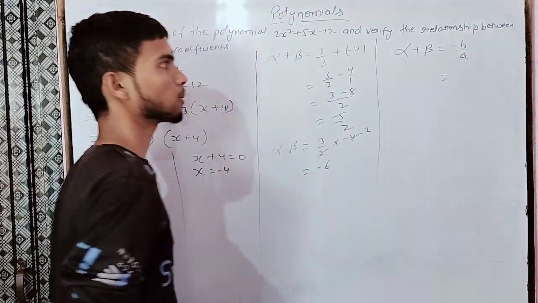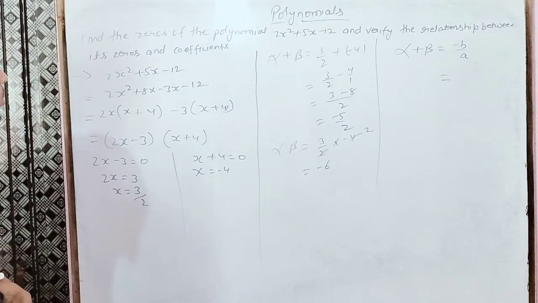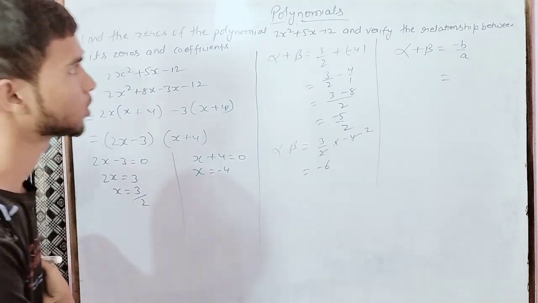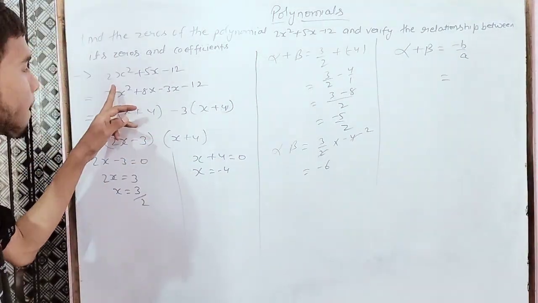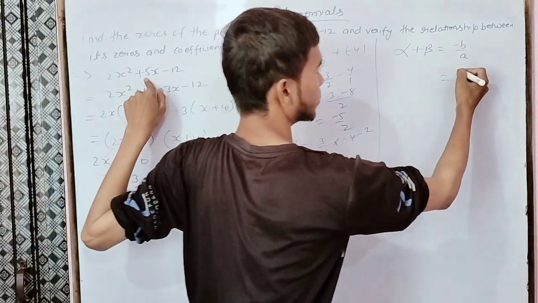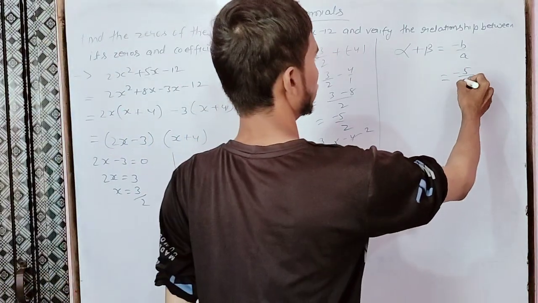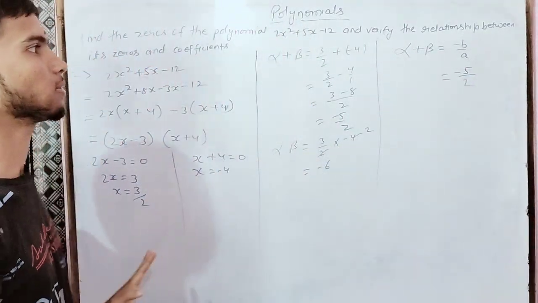You can just put the value of b and the value of a. So here b is how much? Minus 5, and a is how much? 2. This is the final answer.